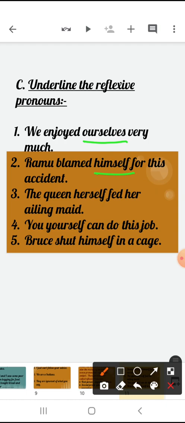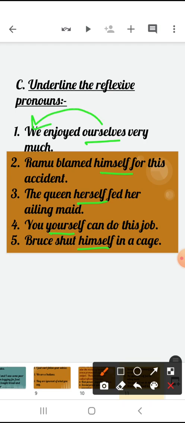Himself is a reflexive pronoun. The queen herself fed her ailing maid. Queen herself. Next, you yourself can do this job. Yourself. Bruce shut himself in a cage. Himself.